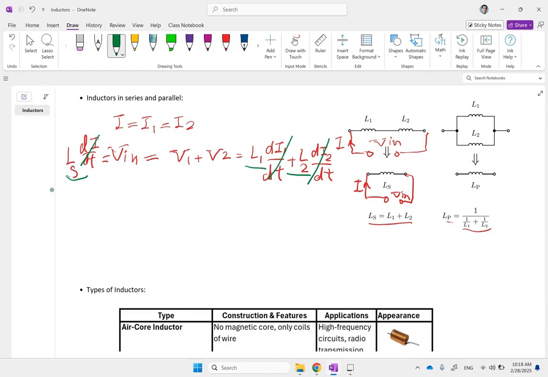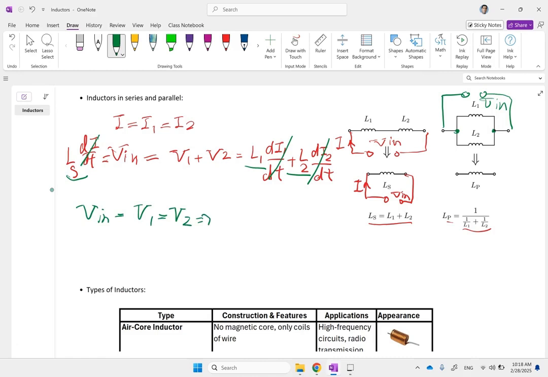For the parallel case here, if you call this V in, the V's are equal. The V at both ends of L1, L2, and the total V are the same. So V in here equals V1 equals V2.